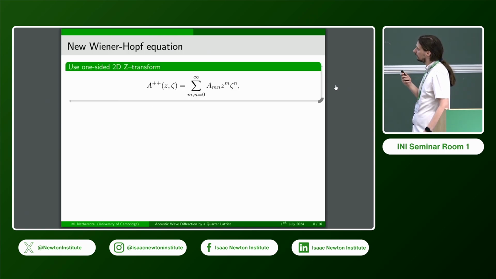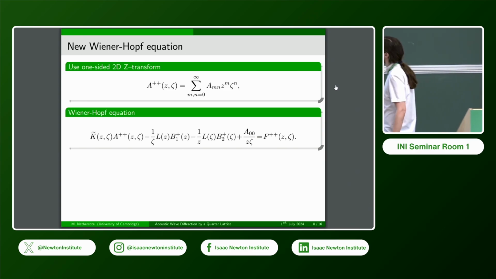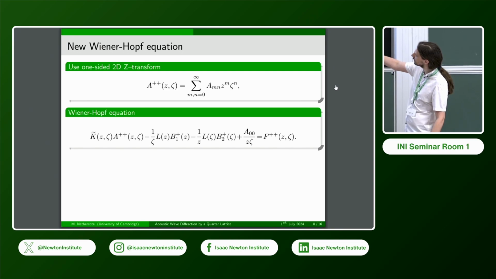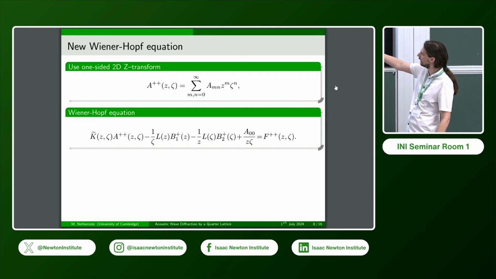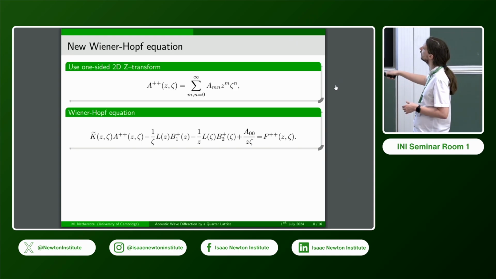So how we deal with this is, we use a one-sided two-dimensional Z transform to transform this system of equations into a new Wiener-Hopf equation. A quick rundown of the terms. This A++ is the transform of all of the scattering coefficients, and this is the function that we need to find.